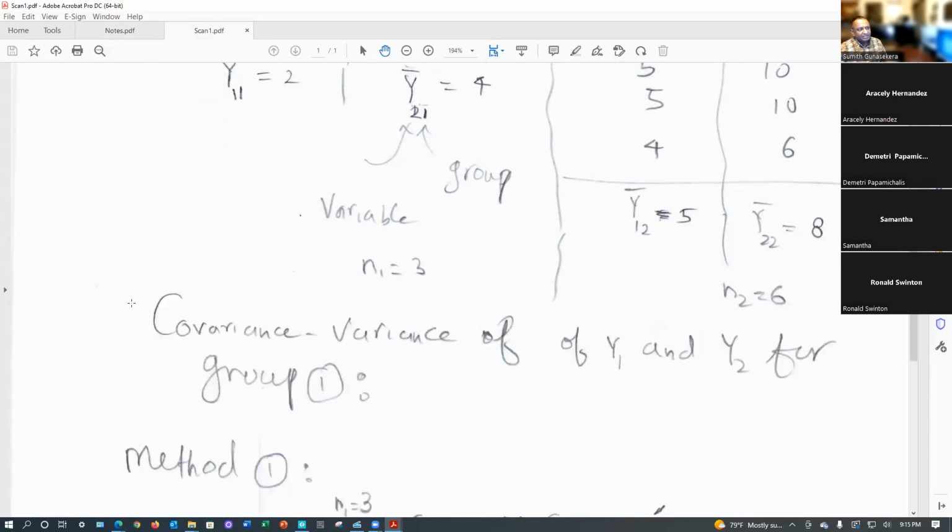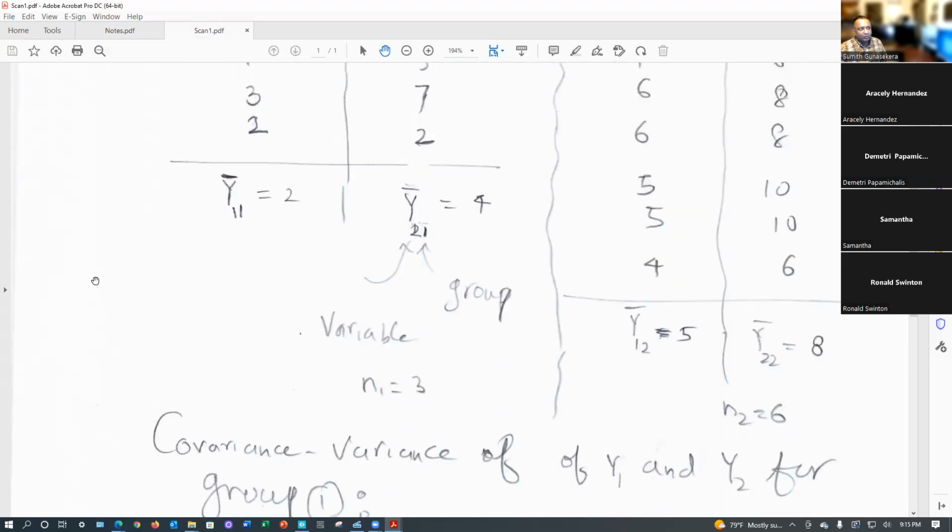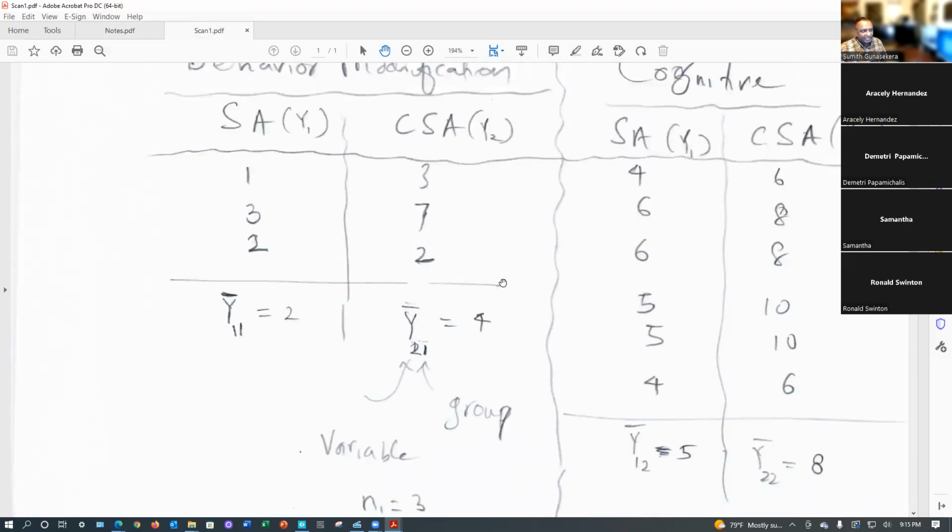Then the covariance variance of y1 and y2 for group 1. I'm talking about group 1 here. I'm not going to build up both yet. This covariance variance matrix can be built up in 3 methods.